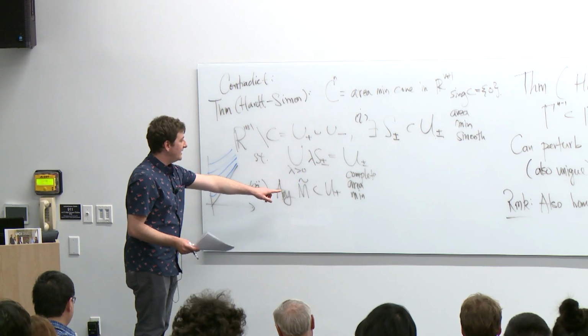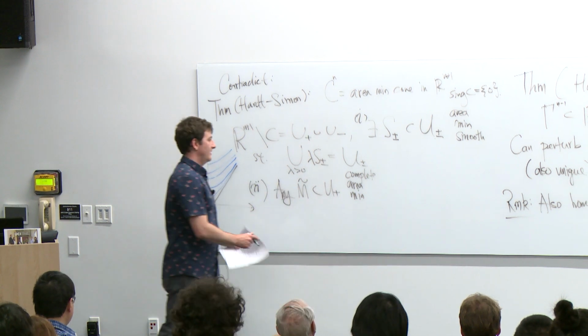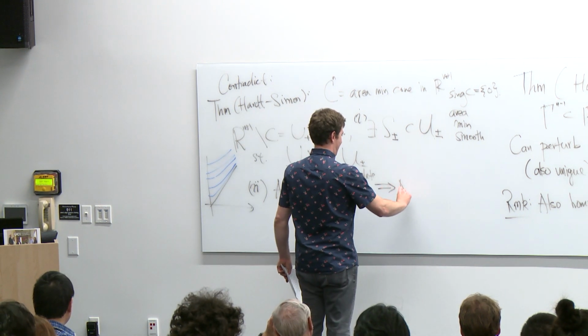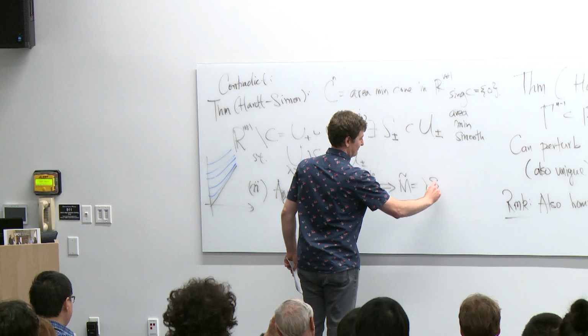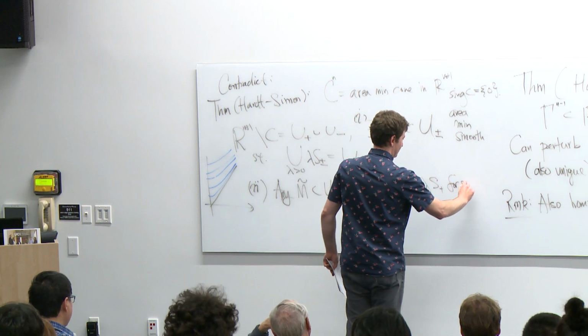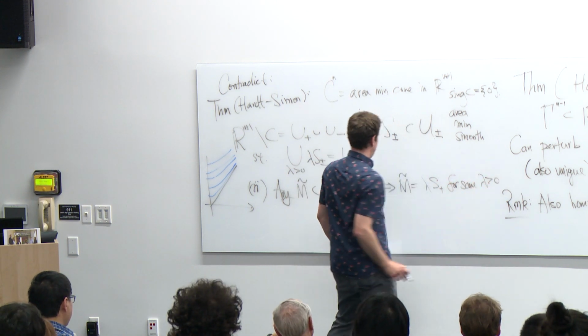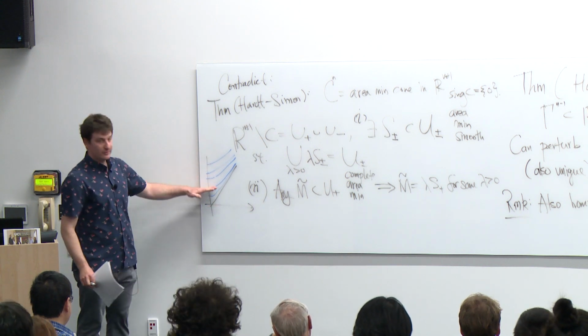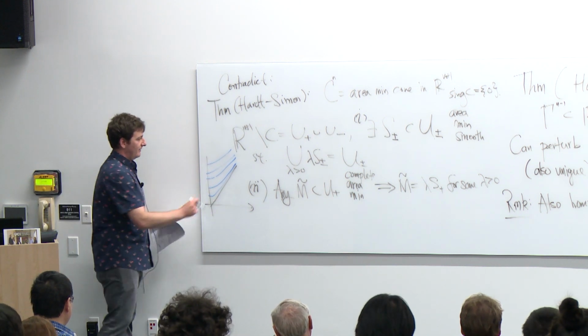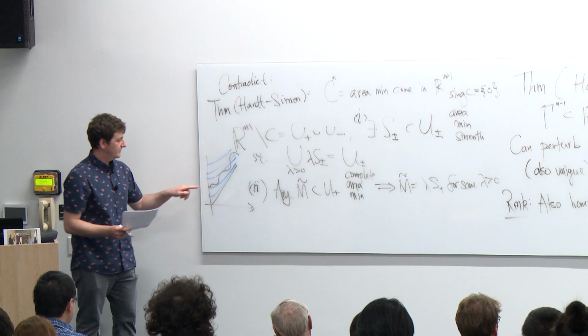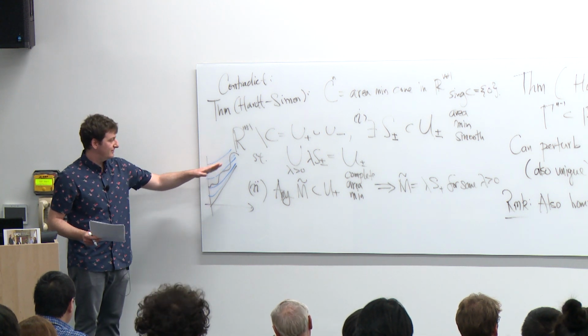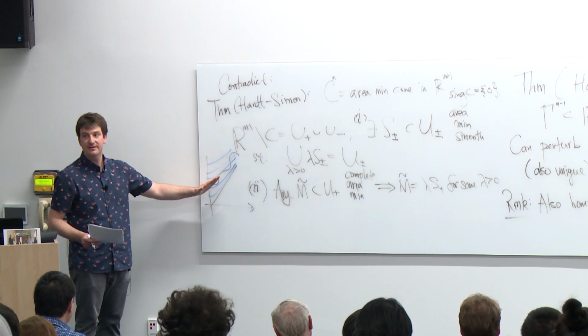If you have any area minimizer lying on one side, then M tilde is lambda S plus for some lambda. So not only is there this foliation, but any a priori minimizer lying on this side, actually this picture doesn't exist, and it has to be one of the leaves.